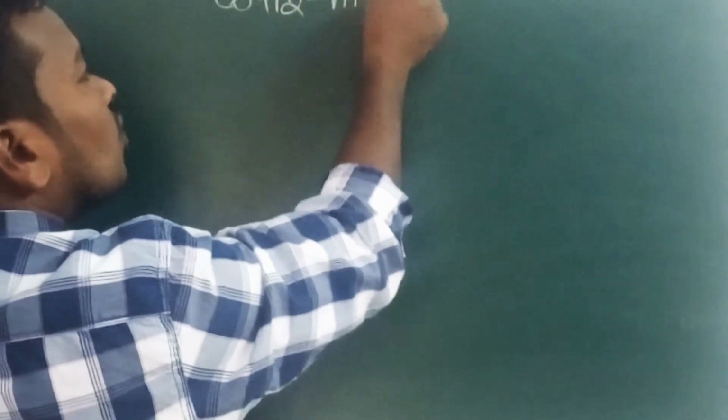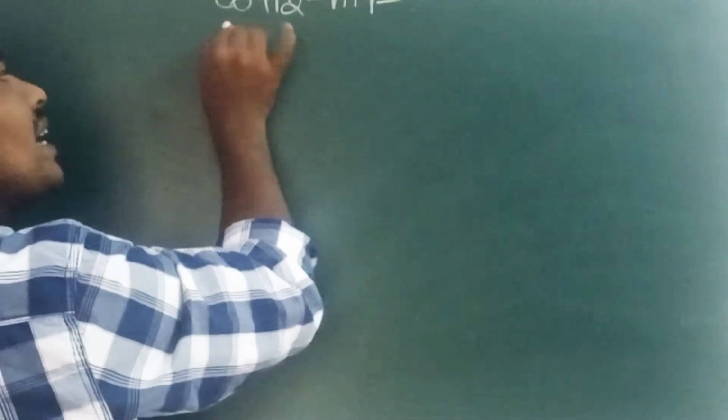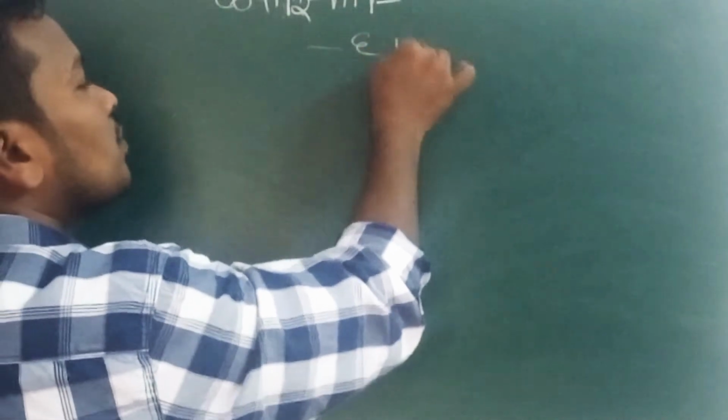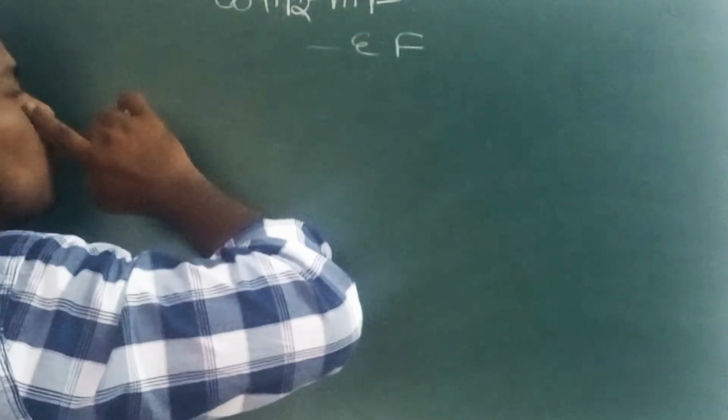Here I am taking C6H12. This is called the molecular formula: 6 carbons and 12 hydrogens are present. I want the empirical formula. The empirical formula is nothing but the simplest ratio, right? The reduced form we have to take.